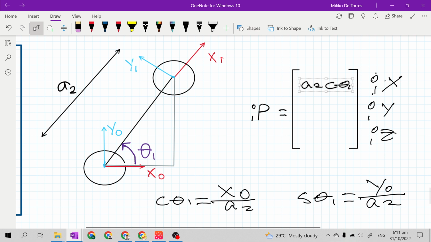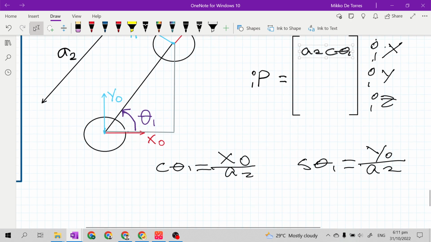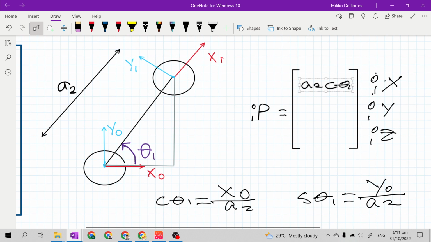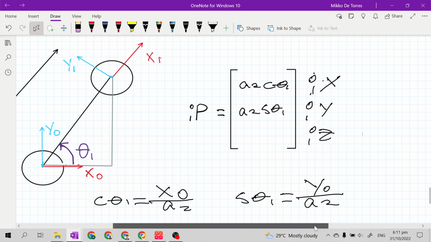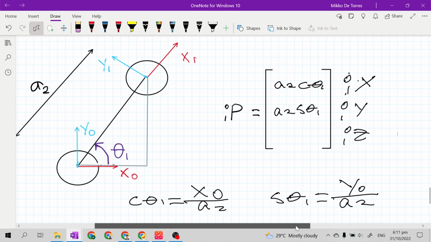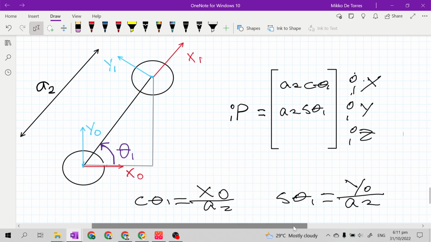So we equate sine theta 1 to Y sub 0 over A sub 2, then multiply both sides by A sub 2. We get A2 sine theta 1. So our Y01 is A2 sine theta 1. These are our x coordinate and y coordinate, or the element of x and element of y for our position vector.